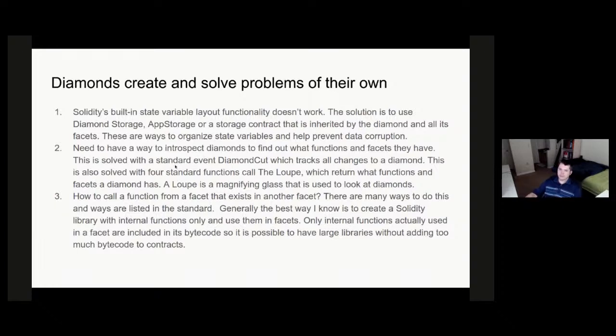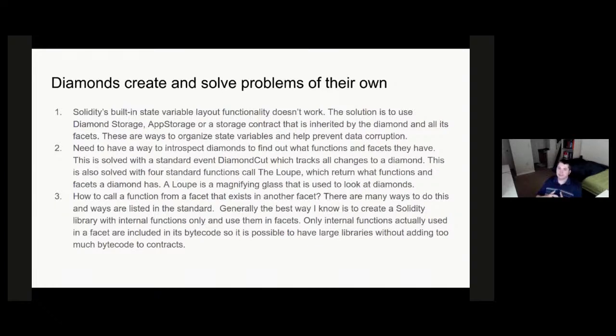Because a diamond just has a fallback function, it can be opaque, meaning if you look at the verified source code of a diamond, you just see a fallback function, and you don't know where the source code for the whole diamond is. As you've seen earlier, this is solved with the diamond cut event and the loupe functions.